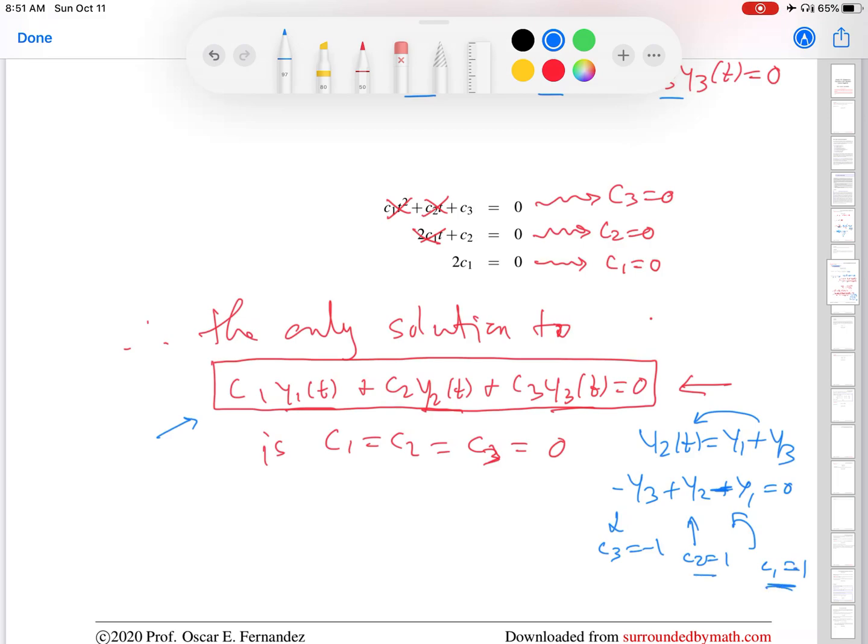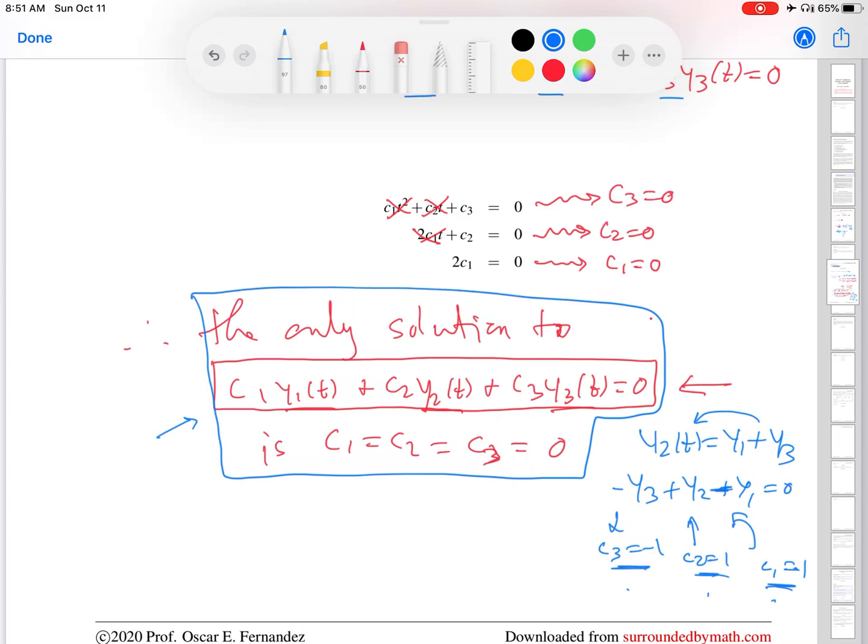In other words, I would have non-zero values for all three of the c's. But I have just shown that the only solution to this linear combination of the y's is all three values of c being 0. Right? So that's why this shows me that y1, y2, and y3 have no linear relationships between each other. They're independent. There isn't one of them that can be expressed as a linear combination of the other two.